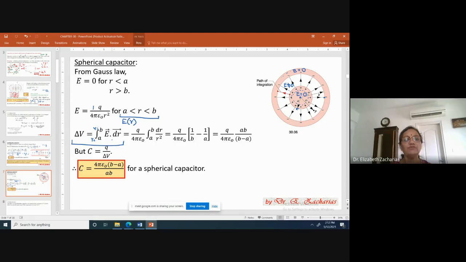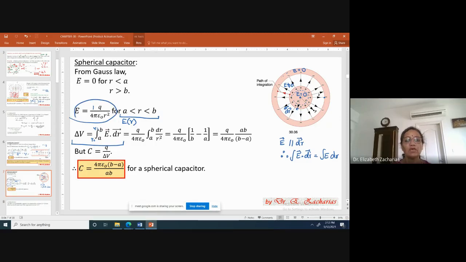And once more, what is dr? This is going to be dr. The electric field at any point is parallel to dr. Therefore, integral E dot dr is going to be integral E dr. Now what you do is substitute for E. Where do I get that? I get that from here.